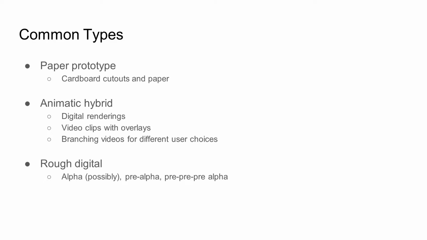But these stages are pretty arbitrary anyway, and you could argue that even released software are still prototypes because you still continuously release updates for them, so you can make the line a bit blurry, but we're playing with semantics now. So let's just say that a rough digital is basically from when you get the code working to alpha.